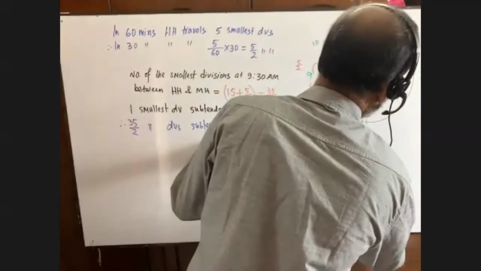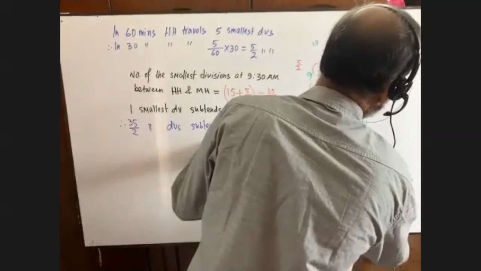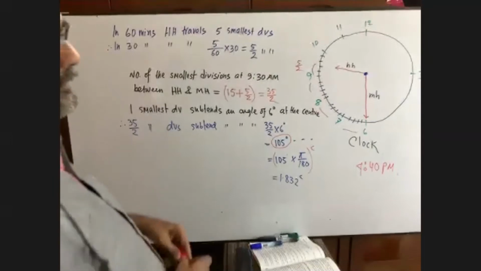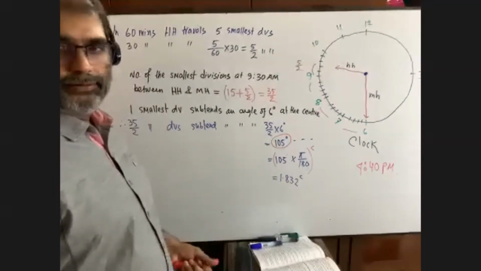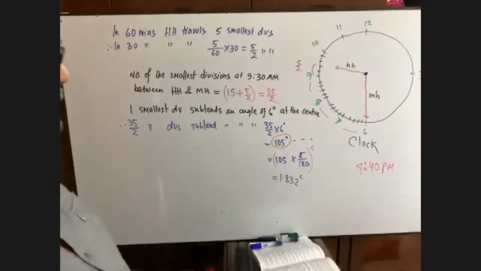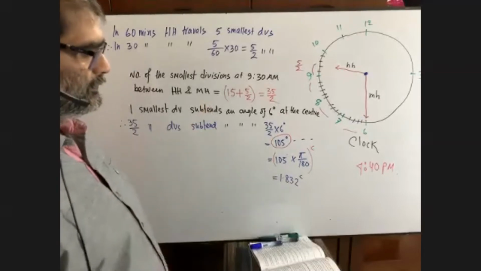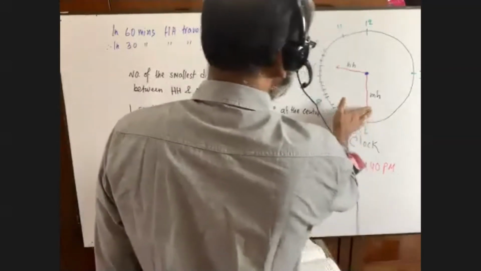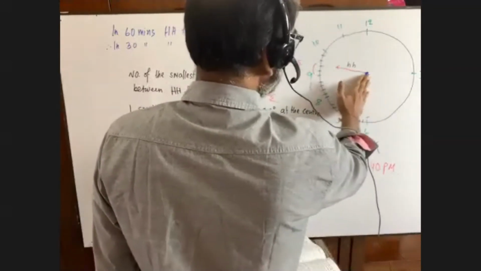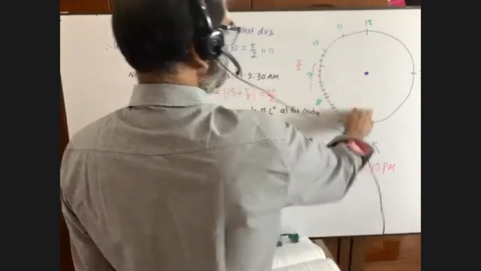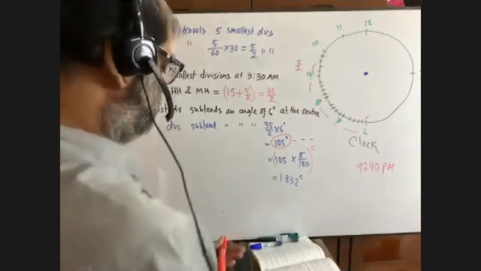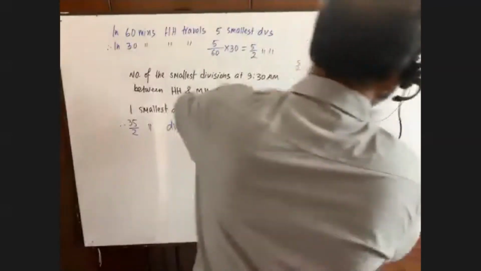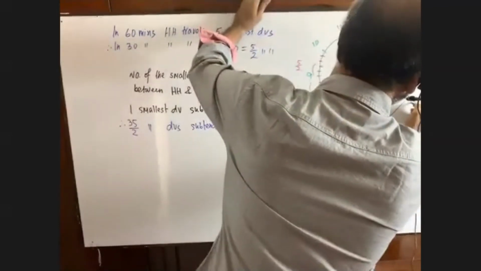Now the math is 4:40 p.m. Can you do it? This math is done. Now 4:40. So what will be the figure? Okay, draw the figure. 4:40 means what? It is 4.